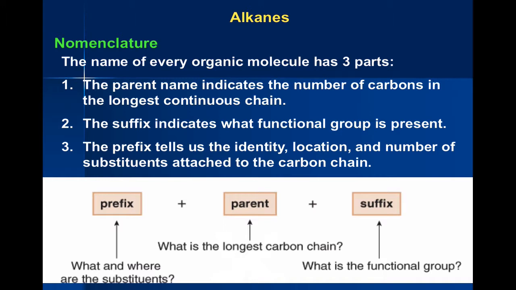And when we put them together, we're going to have prefix, parent, and suffix. Right now, the suffix is the easiest part for you because it's just A and E, because we're just dealing with alkanes. So really what you're going to have to figure out is this prefix business and this parent business.